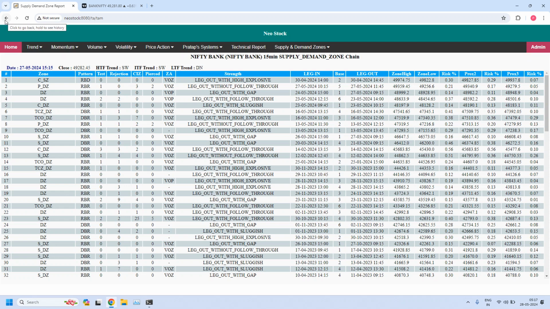Now let's go to the last time frame, 5 minutes. And meanwhile, please look into the 15 minutes trend. 15 minutes trend is a downtrend. 75 minutes trend has changed to sideways. But the 15 minutes trend has already changed to downtrend.